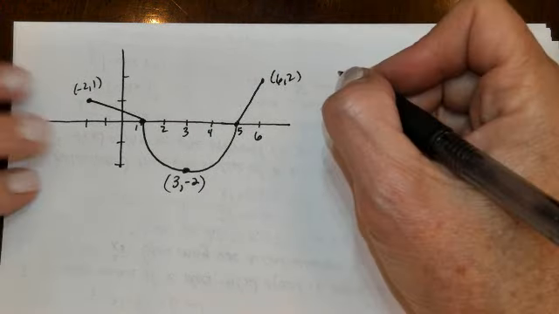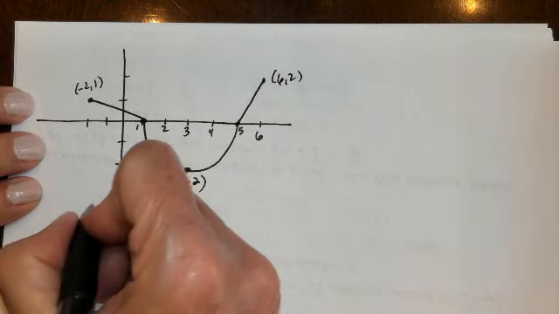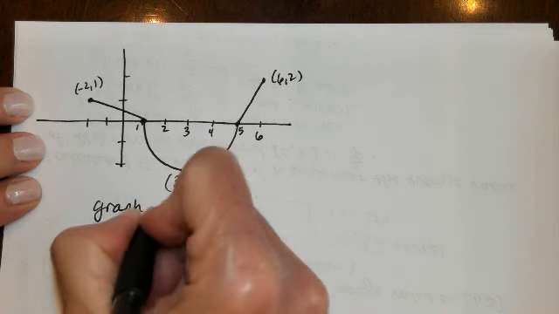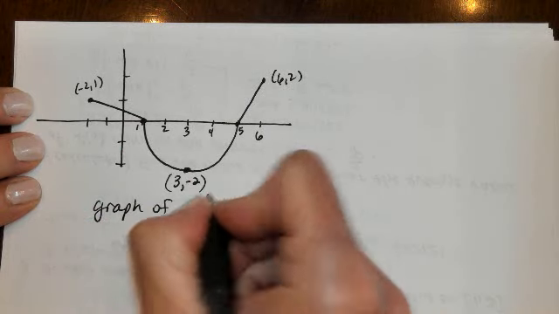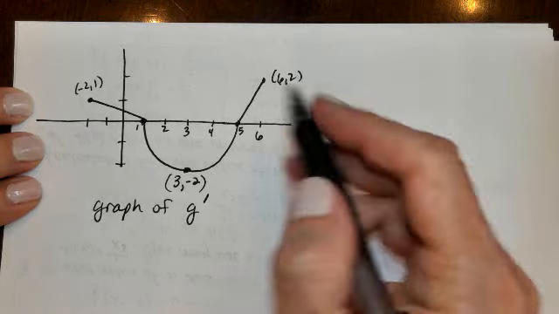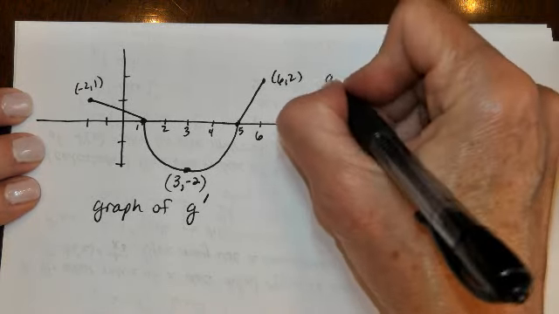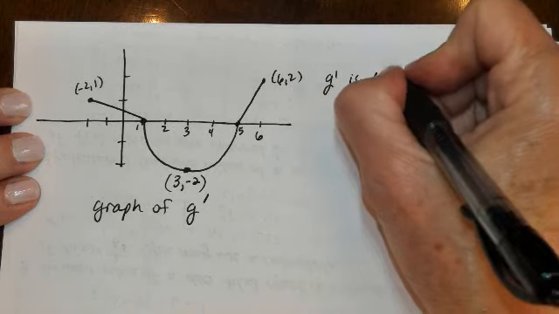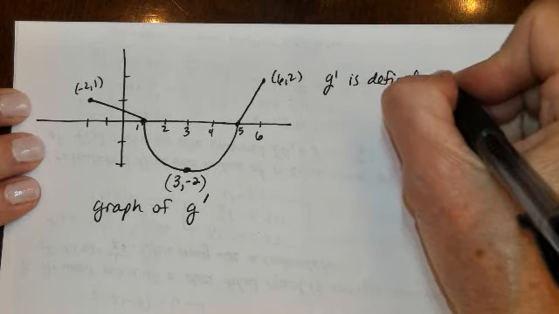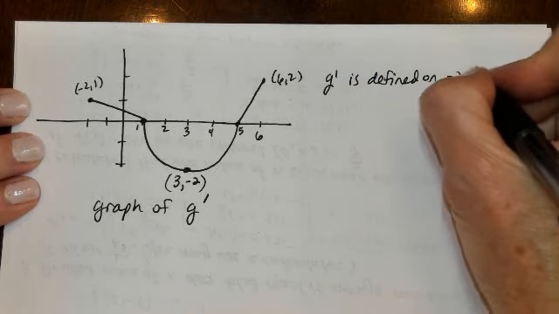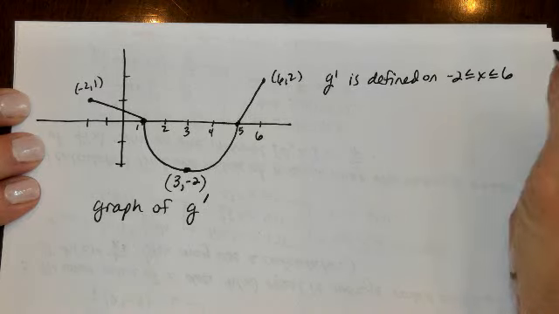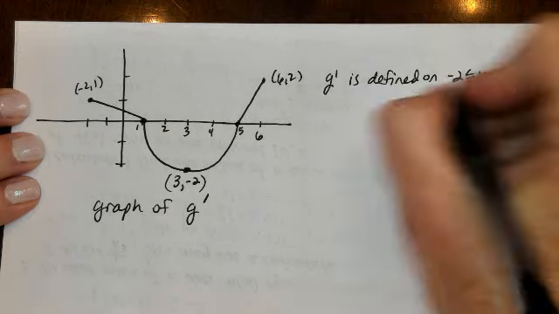So this, I'm going to tell you, is the graph of G prime. This is the graph of a derivative, G prime. And I'm going to tell you that G prime is defined on -2 to 6. Okay?